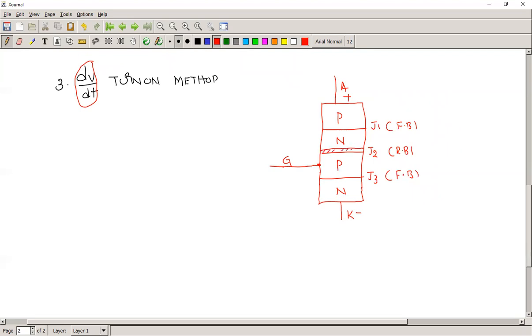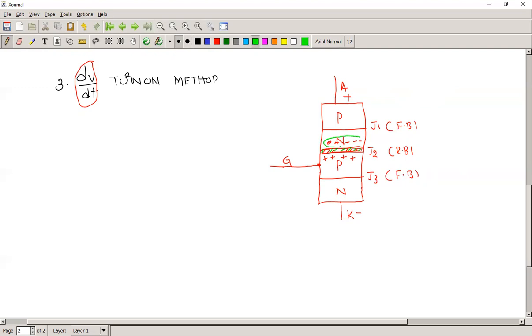What physically happens inside the SCR is this: on the upper side of J2, some negative charge carriers are accumulated, and on the other side, positive charge carriers are accumulated. Both are separated by the depletion layer, and this depletion layer of junction J2 acts as a dielectric material.